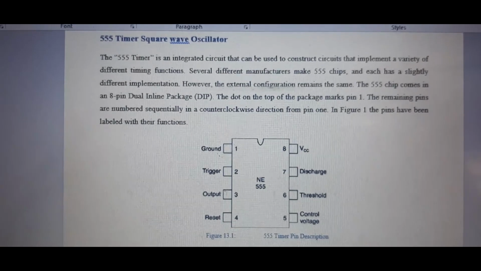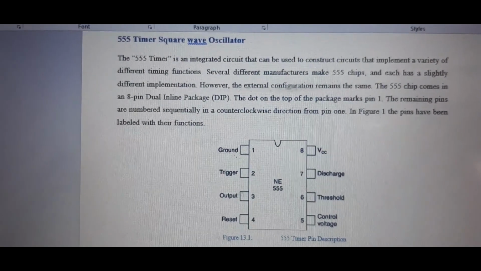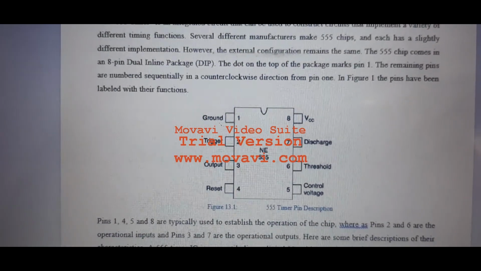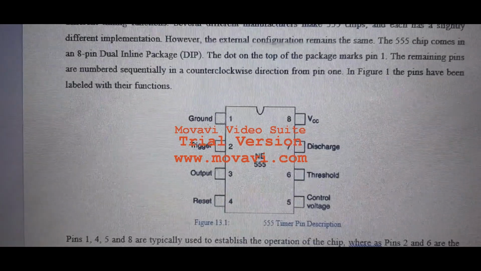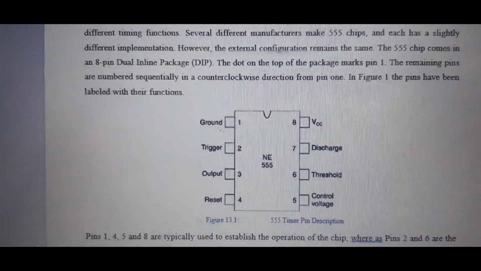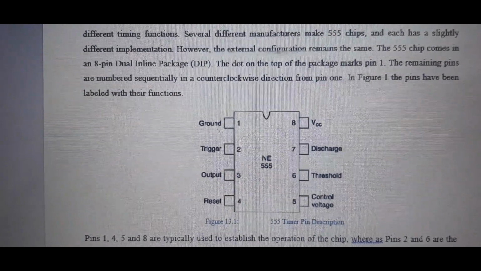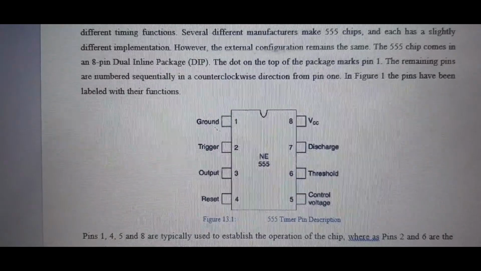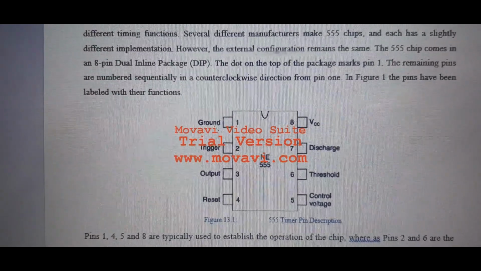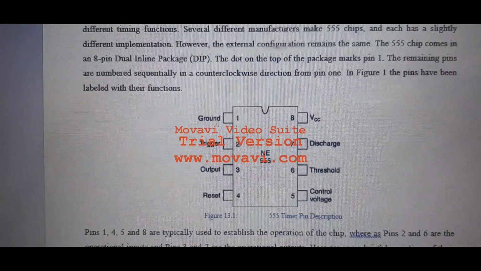The 555 timer circuit is used to implement a variety of different timing functions. It usually comes in the 8-pin configuration, as shown in figure 13.1. You can clearly see that it has 8 pins. The dot or the cut at the top represents a starting point, and from here we can mark pin 1, which is ground, 2 for the trigger, 3 for the output and 4 for the reset.